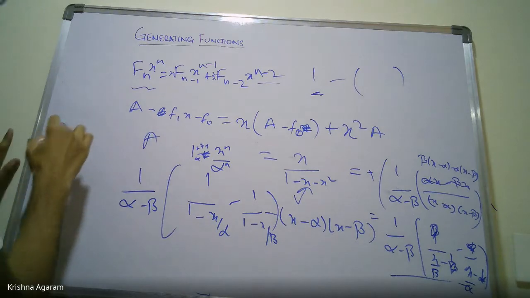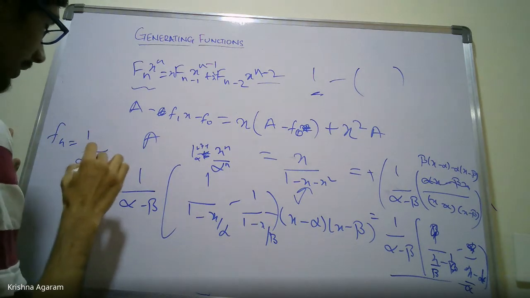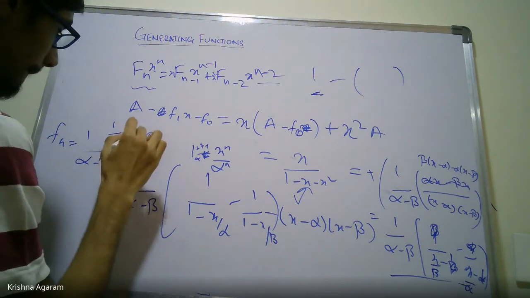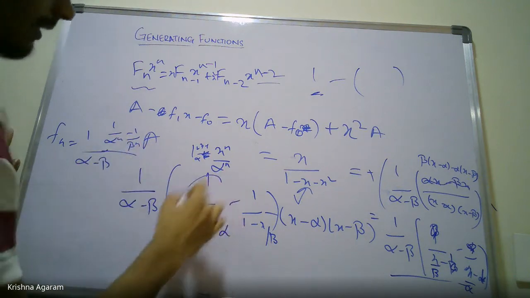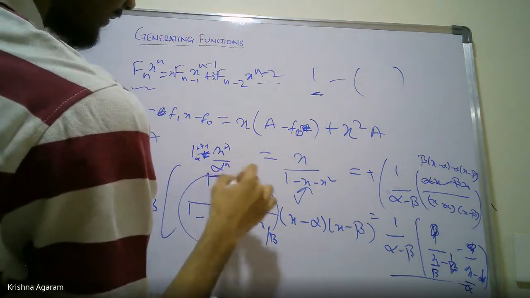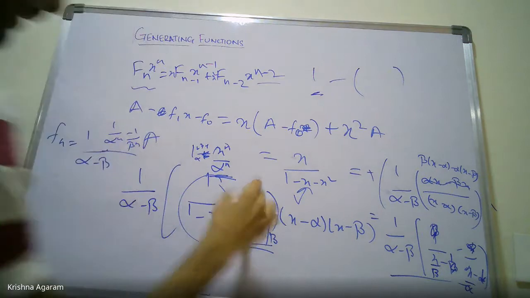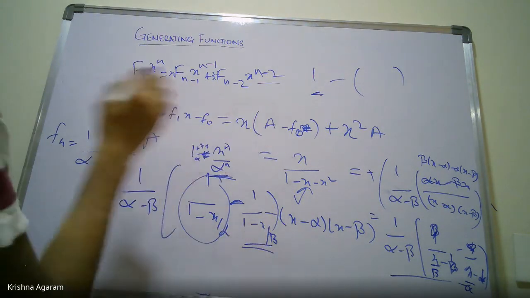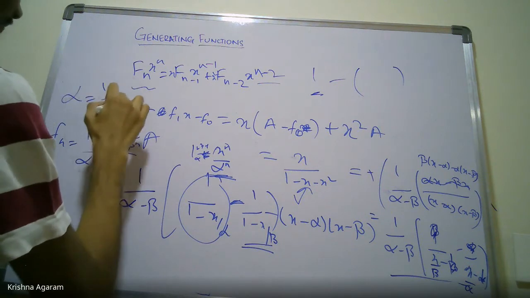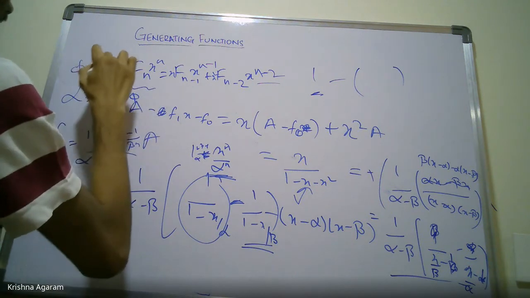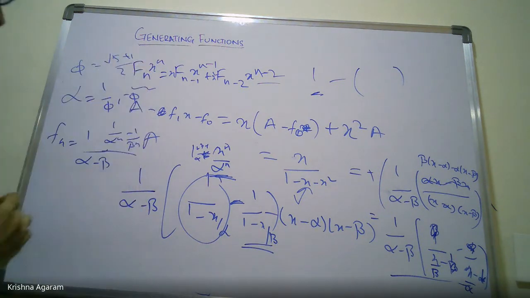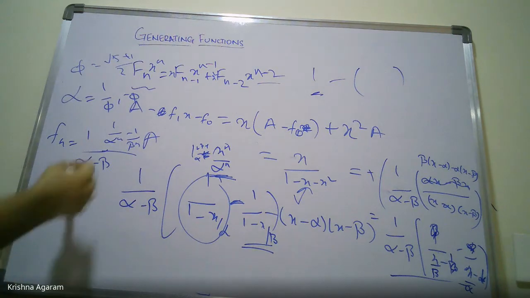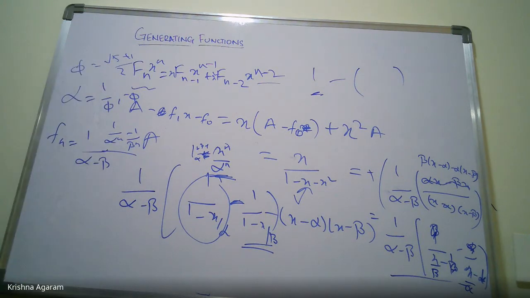So the nth term f_n is 1 by alpha minus beta, because this will give the 1 by alpha^n term, and this will give minus the 1 by beta^n term. I think the roots are just 1 by the golden ratio and minus the golden ratio. So this will come out to be the usual Binet's formula.